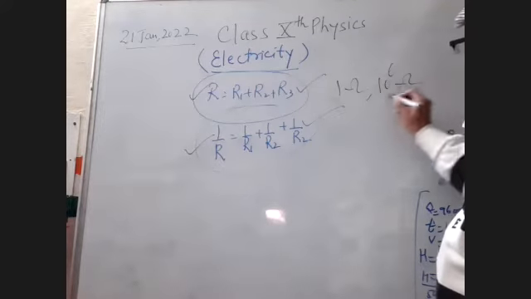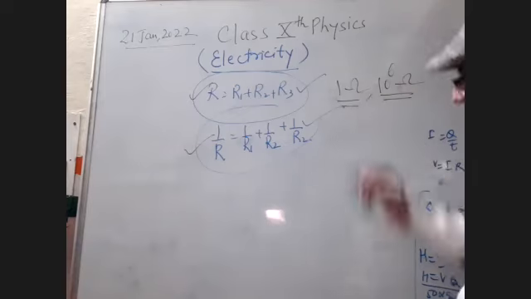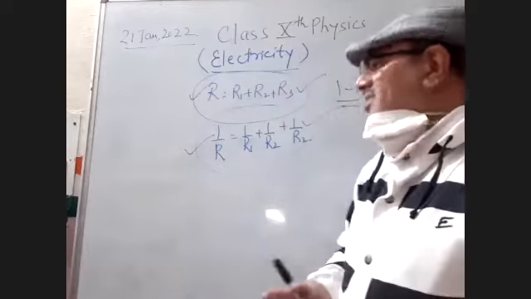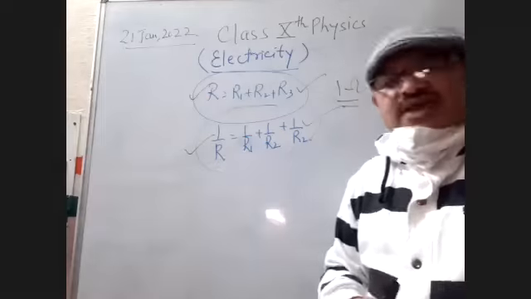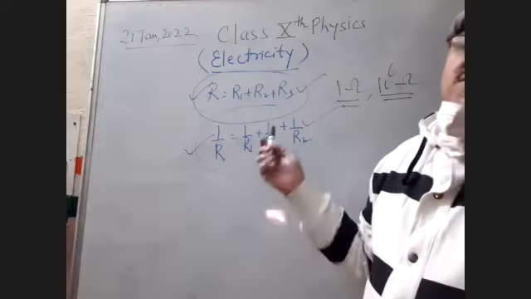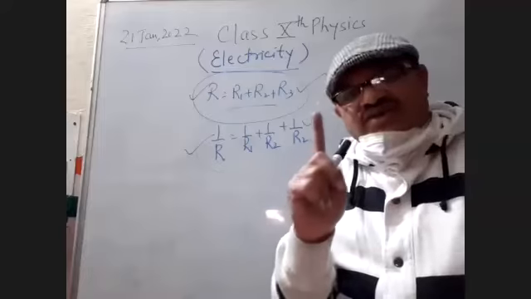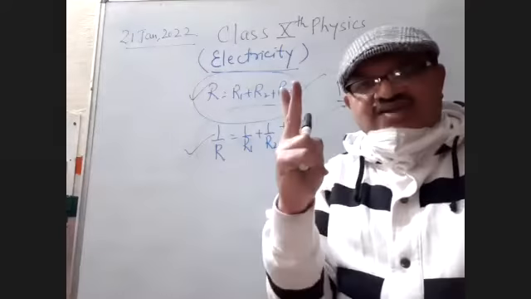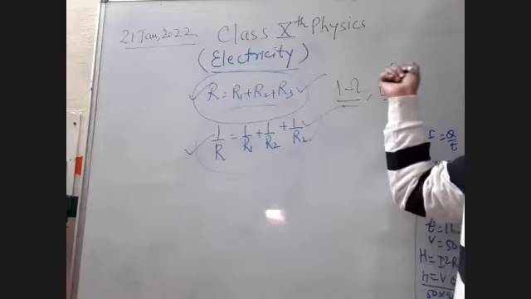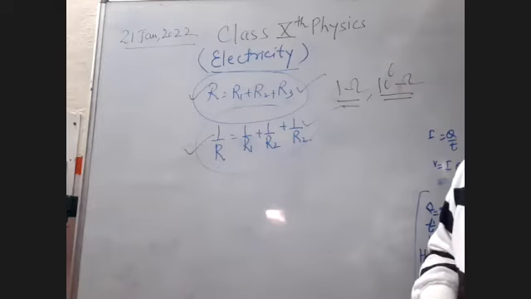Now two resistances. Now students, we have to think, because as per the formula 1/R1 + 1/R2, the value of one resistance is 1 ohm and the second is 10^6 ohm.